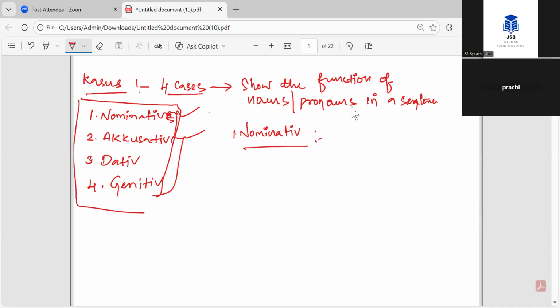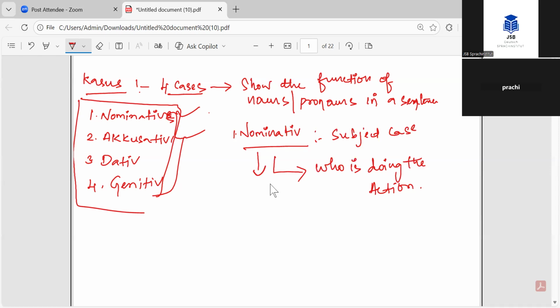So what is nominative? It's a subject case. So who is doing the action? It is used for the subject.